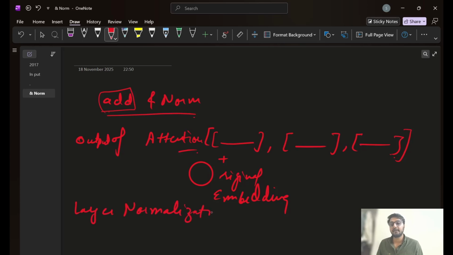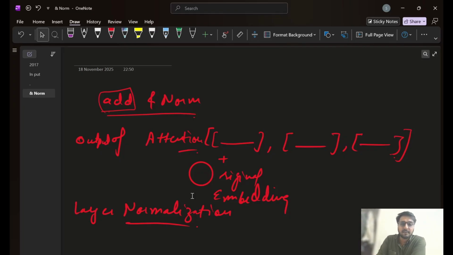Then the next thing is layer normalization. In every deep learning task, one important thing to train any deep learning model is that the values inside our vectors should not be too large or too small.